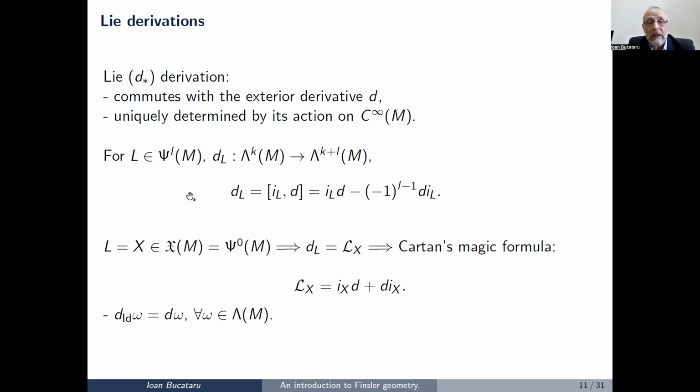If L is a zero vector valued form, so it's a vector field, d_L is precisely the Lie derivative along the vector field, and with this formula we recover Cartan's formula. In the particular case when L is the identity, the vector valued one form, we recover the classical exterior derivative.